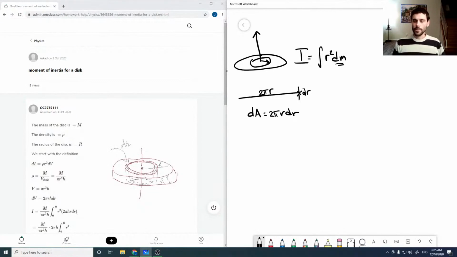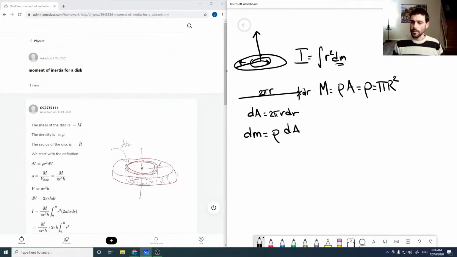Now, to get from an area to a mass, we have to use the density, or the area density anyway. So this would translate then to some small amount of mass by multiplying by the density, where for the full disk, I'm going to use capital M just to differentiate, we must have that the mass is the density times the area, which for a disk is the density times pi R squared, where R here is the full radius.